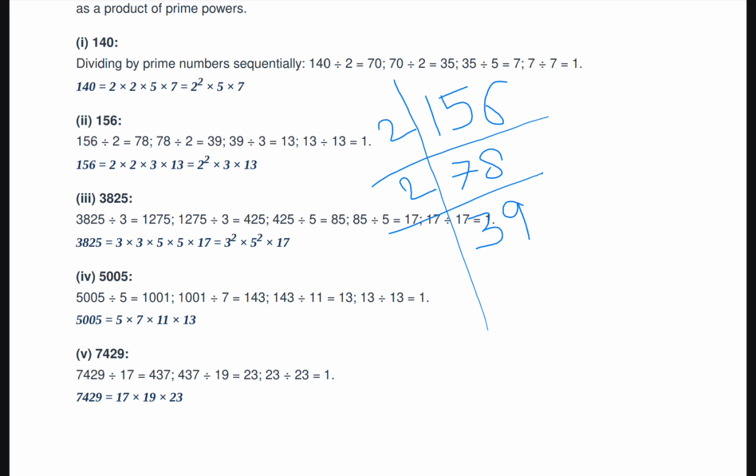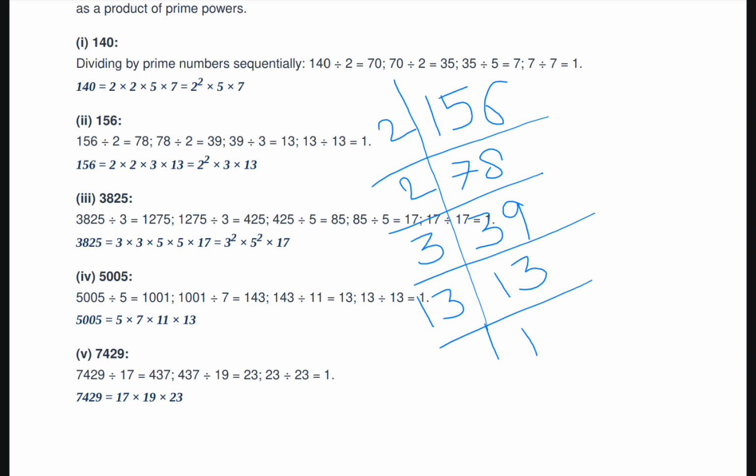Now here 9 is an odd number, so you will change to 3. Now you will get 13, and 13 is completely divisible by only 13 because it's a prime number.